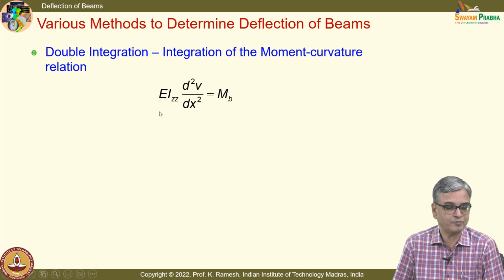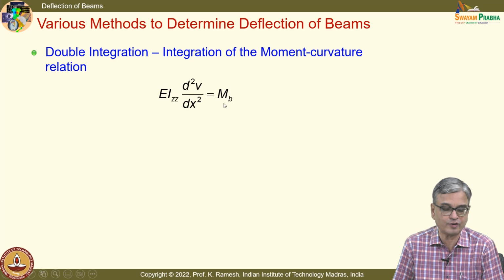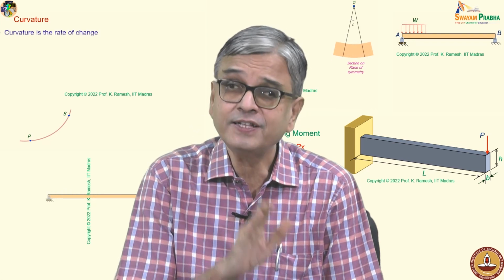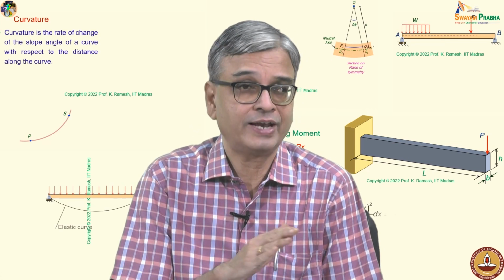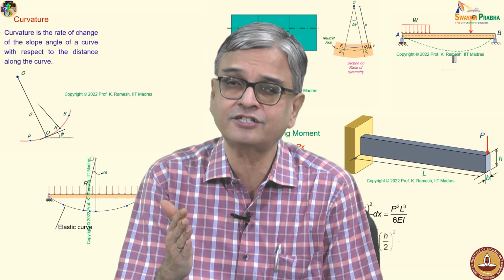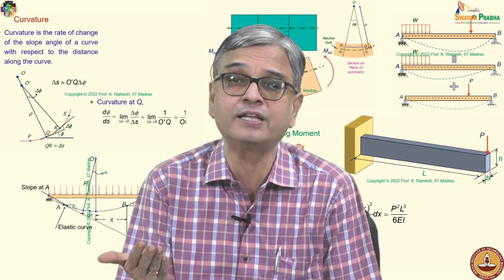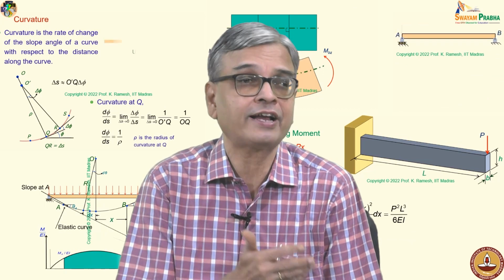So when you are given E I_zz d squared v by dx squared equal to M_b, if you integrate this twice, not differentiate but integrate this twice, and satisfy the boundary conditions. When I integrate it twice, I will have two integration constants, and these constants have to be evaluated based on the boundary conditions.